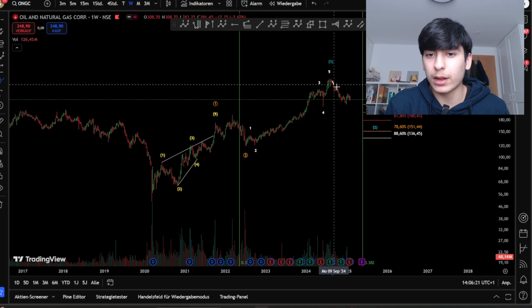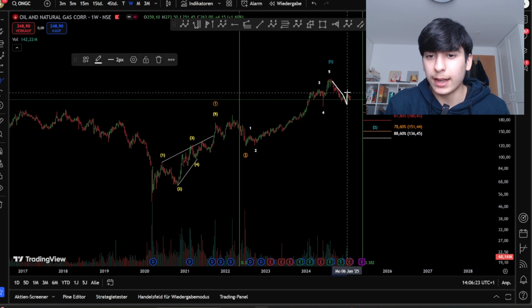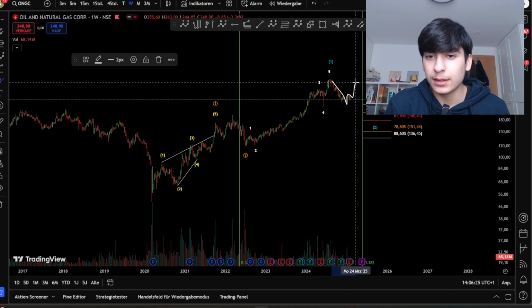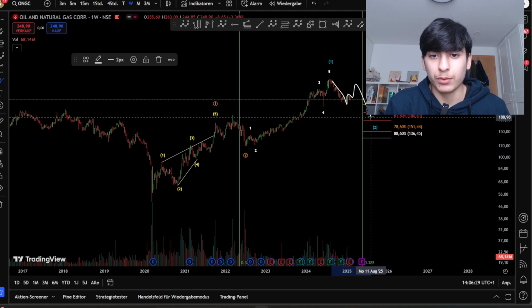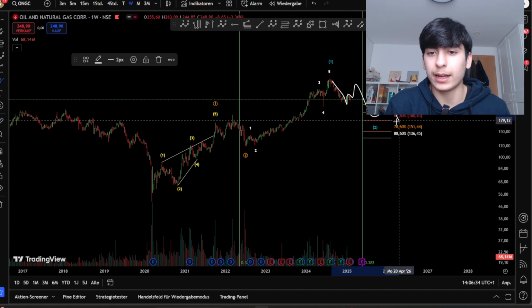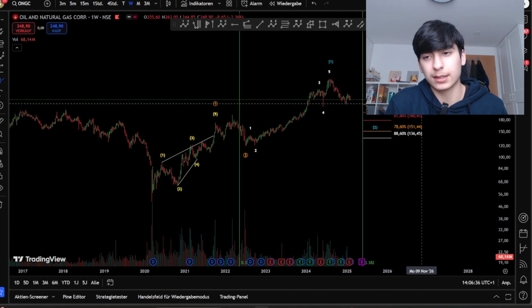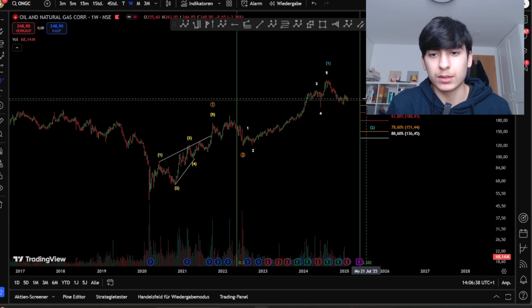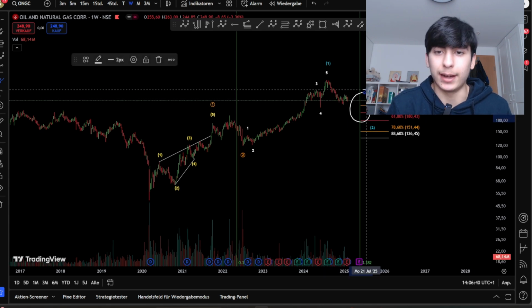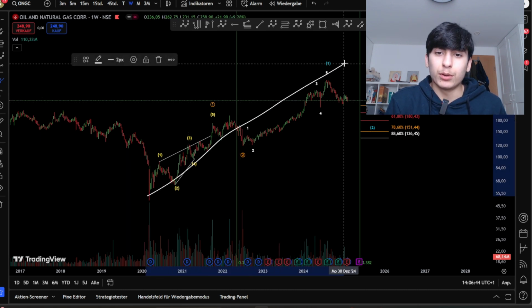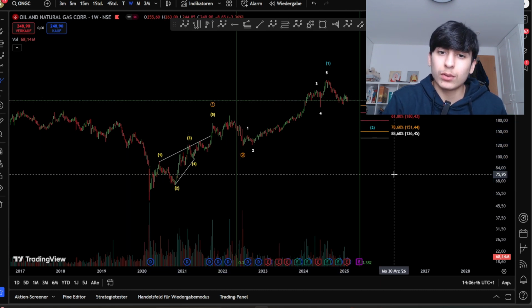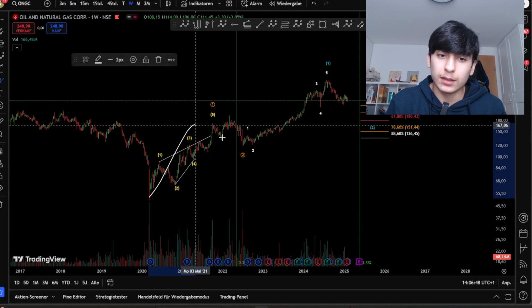Preferably, this is a wave A, looking for an A, B, C, finishing here wave B, and then looking down for a C, which can be a wave 2, or we see a W, X, Y, and then the wave 2. But that's something I will cover once we actually are here at the green line. So either we have an input here, 1, 2, or we have the double 1, 2.